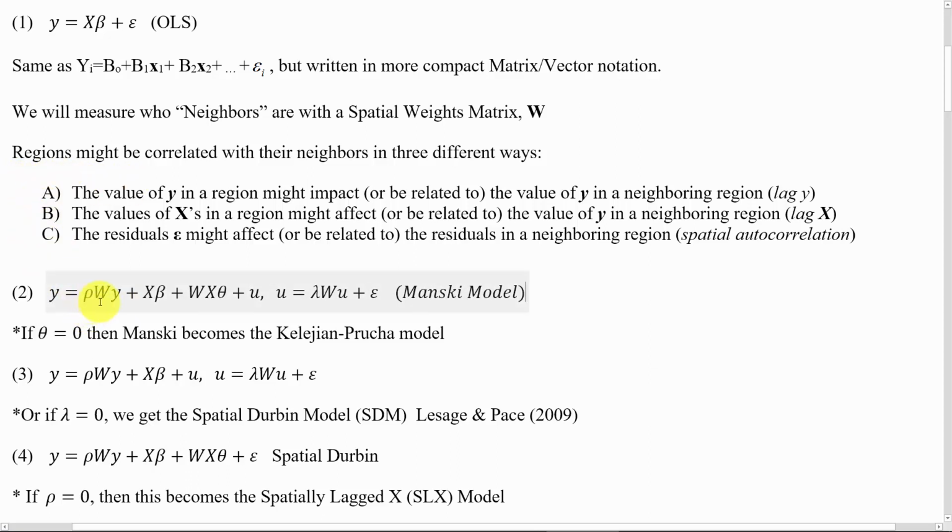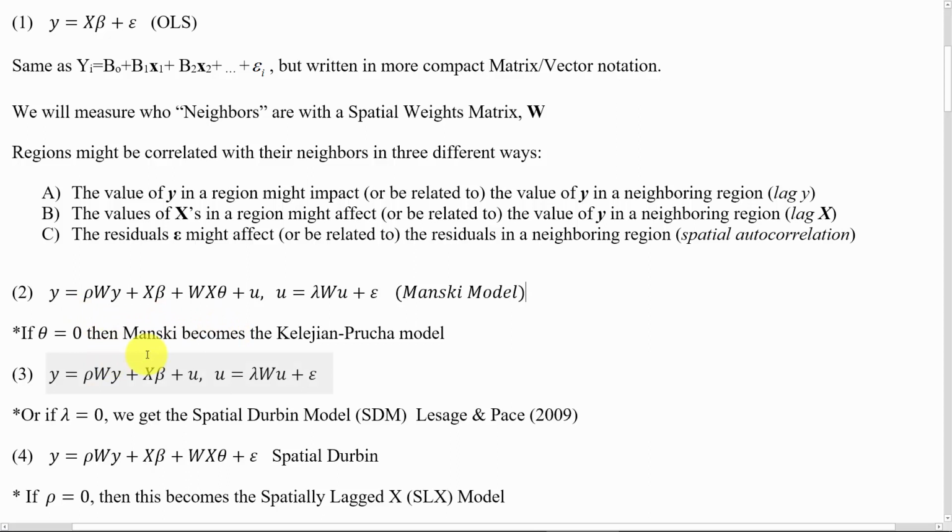So rho wy. Other determinants of a state's unemployment rate would be its own characteristics, its own explanatory variables, the income, the education, the social capital. But also the neighboring values of x, wx theta, where theta is a vector of a lot of different slope parameters.